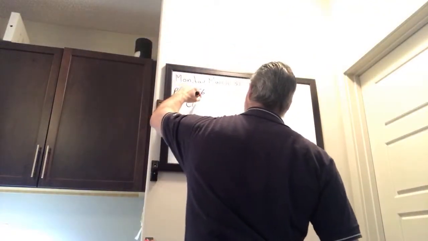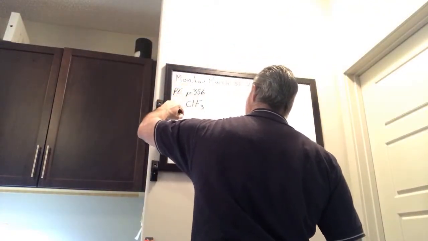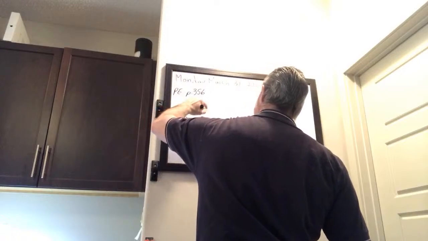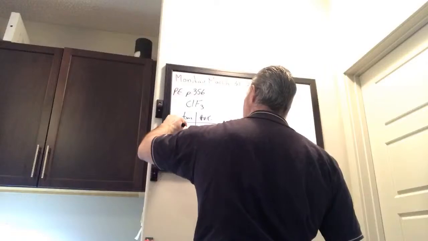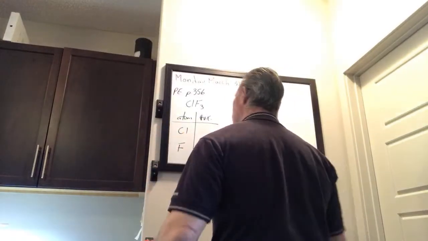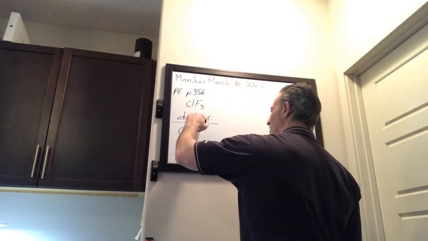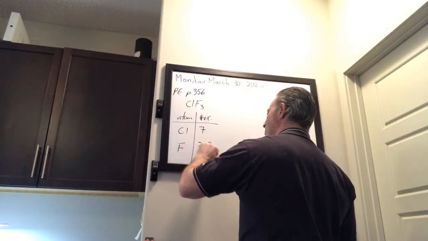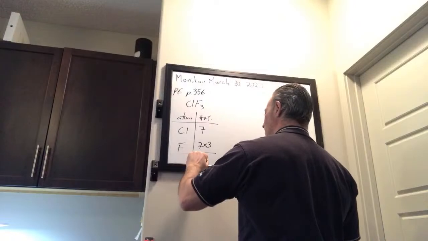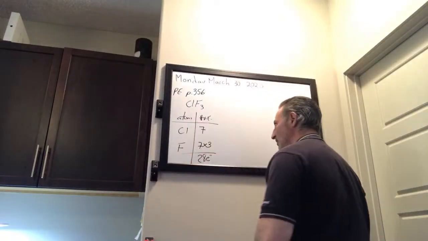So ClF3. So draw your T-chart. Chlorine always wants to have 7 electrons, same with fluorine, and there's 3 of them here. So you need 28 electrons to be accounted for in that structure.